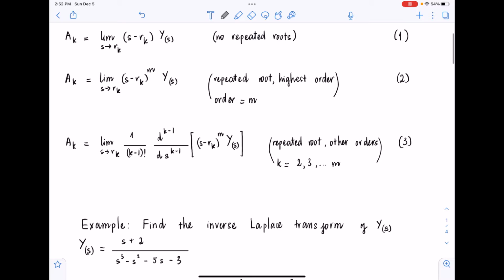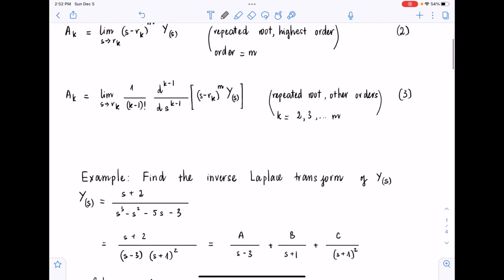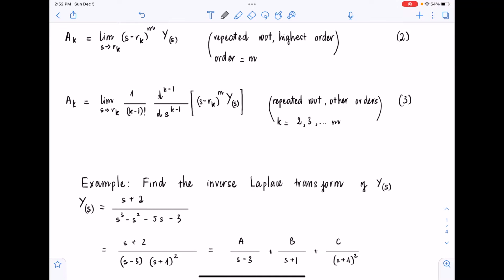For easier understanding, let's go over an example. In this example, we are asked to find the inverse Laplace transform of function Y(s) equal to (s plus 2) over (s cubed minus s squared minus 5s minus 3). The first step is also to find the roots of the denominator and rearrange function Y(s). So we will have two roots: s equal 3, and s equal minus 1, which is a repeated root.